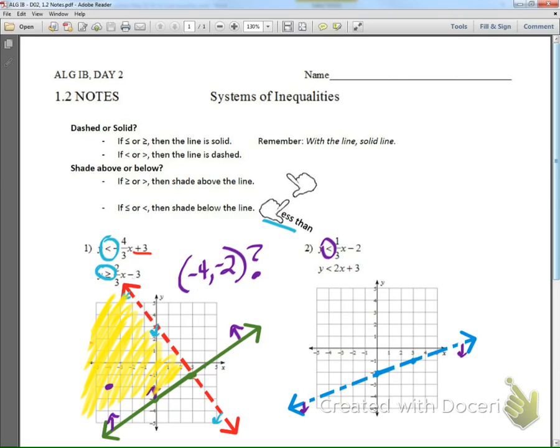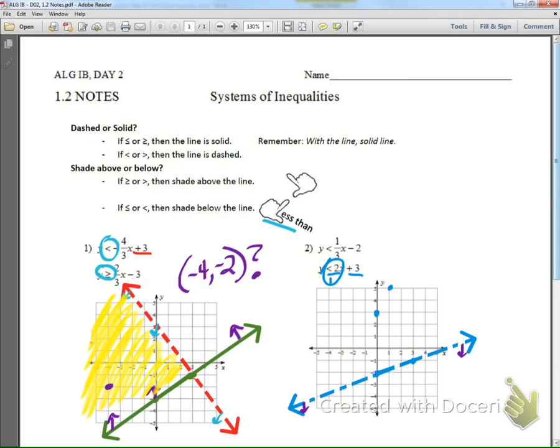Now I'm going to graph the other equation. Again, I begin with b, so I plot my y-intercept at +3. I use my slope, which I see as a 2, but I'm going to make it into a fraction by writing a 1 underneath it. So that means I rise 2 and run 1.